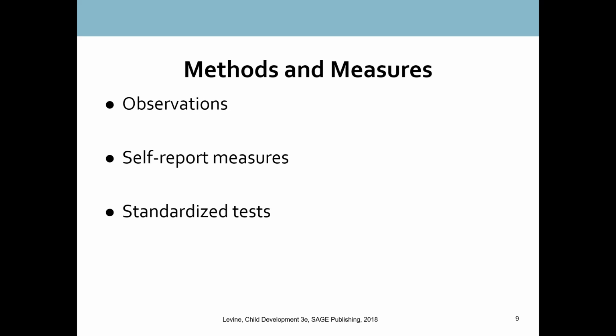And the major disadvantage of self-report measures is what we call socially desirable answers. People often will answer questions about themselves with answers that put themselves in a good light.